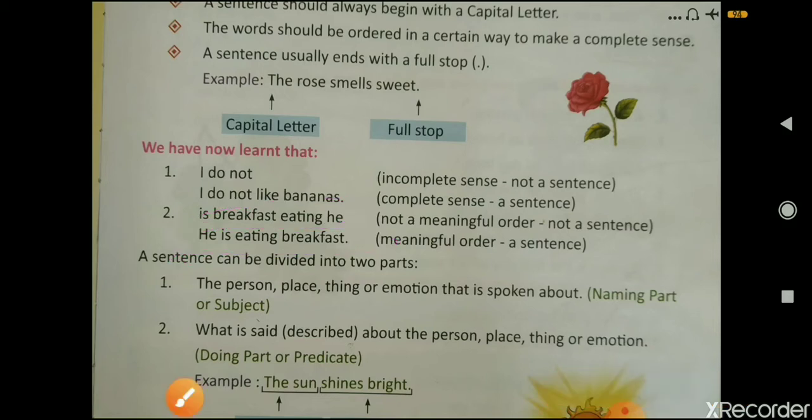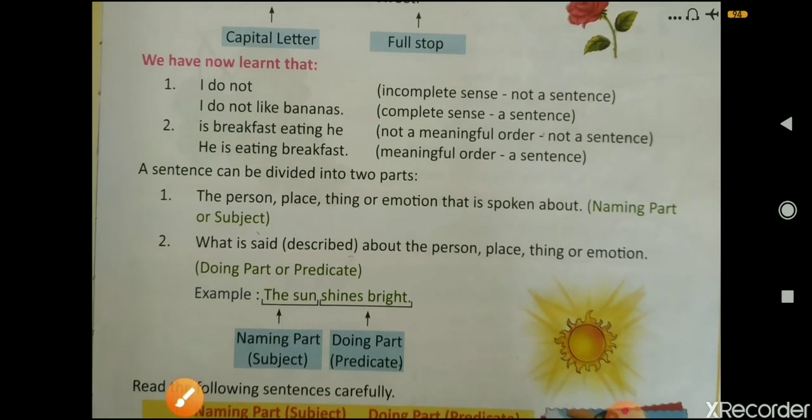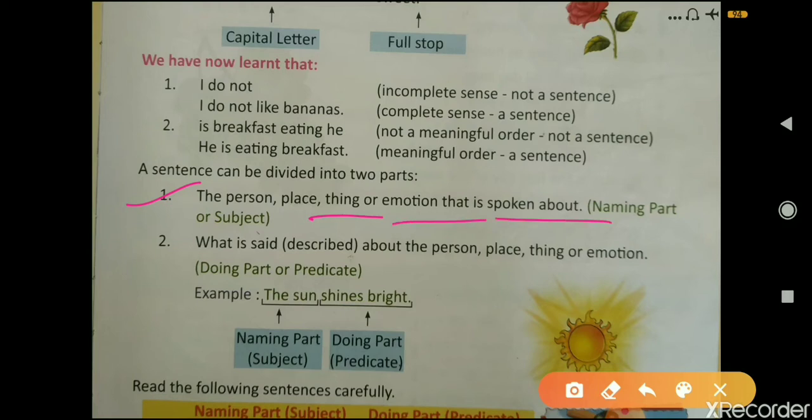Now a sentence can be divided into two parts. First one is the naming part, and the other is the predicate part. The person, place, thing or emotion that is spoken about, means about whom or about what thing we are talking, that is known as a naming part, and that is known as subject.